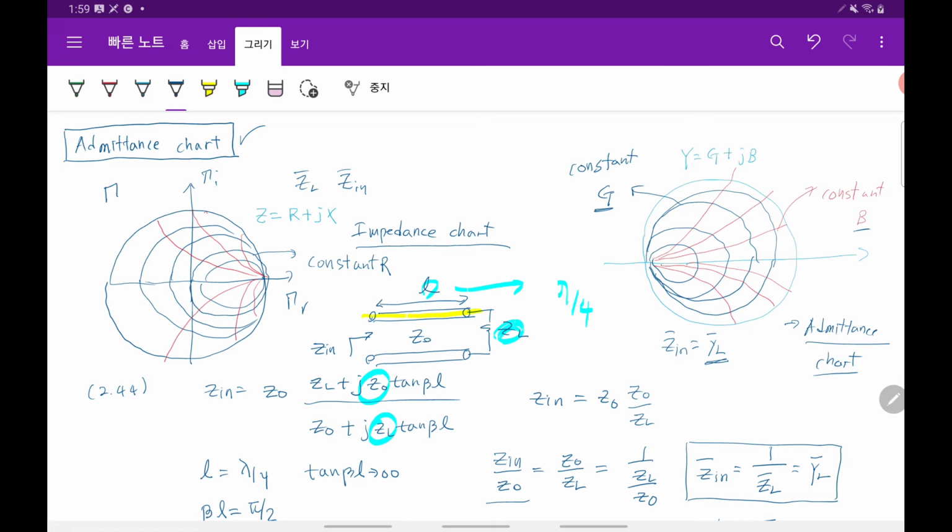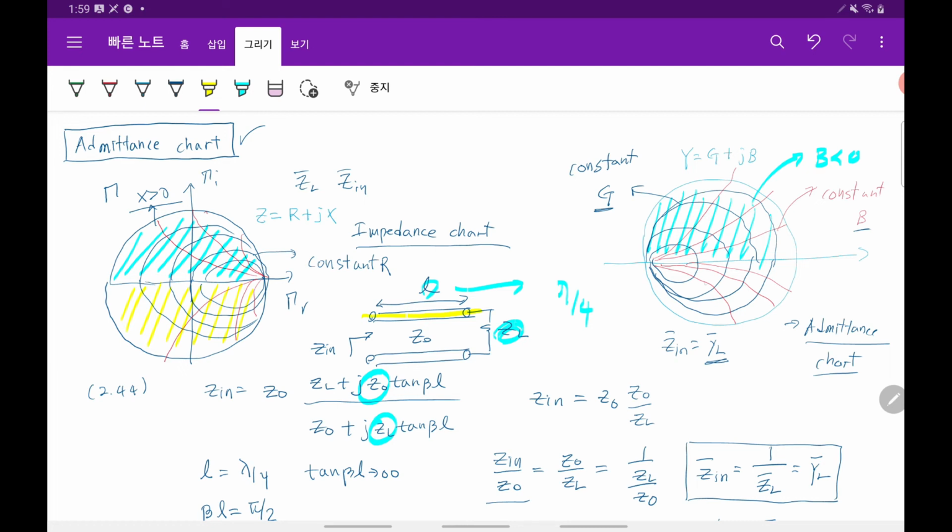So here we had this inductive part, right? So X is positive and the bottom is negative. If X is positive here, then equivalently here, B is negative, right?